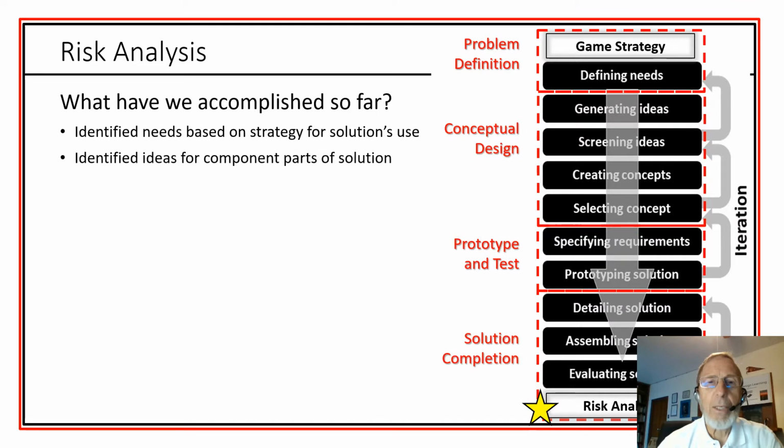Then we identified ideas for the component parts of the solution. Next, we came up with an overall conceptual design, putting together the pieces to identify how the entire design would perform, how it would function, how it would accomplish the needs that we had identified earlier.